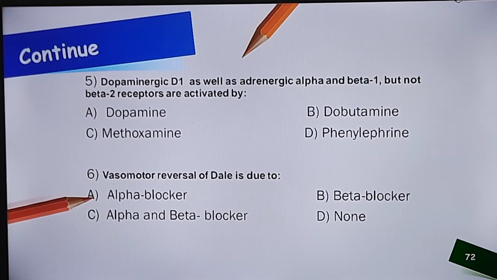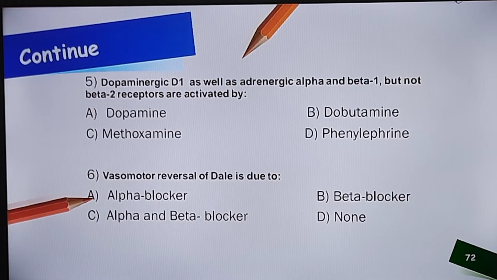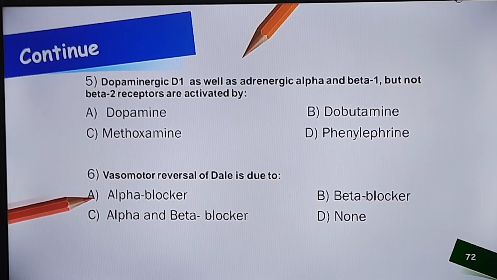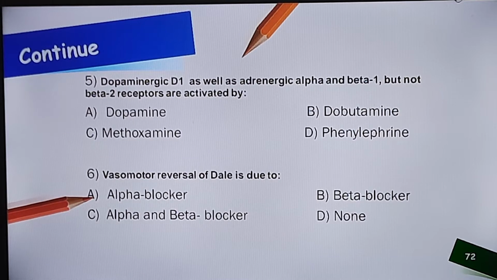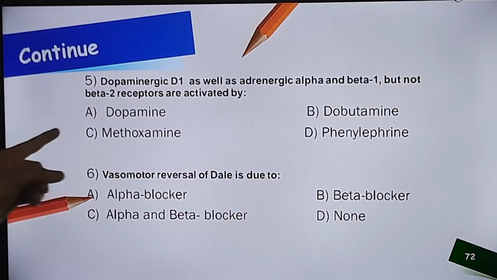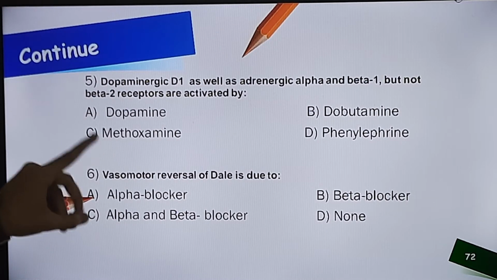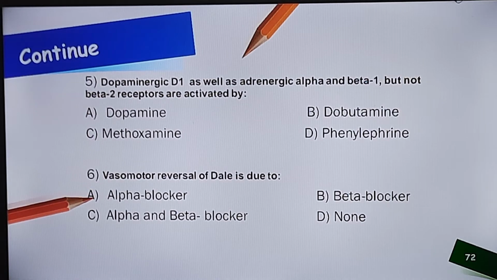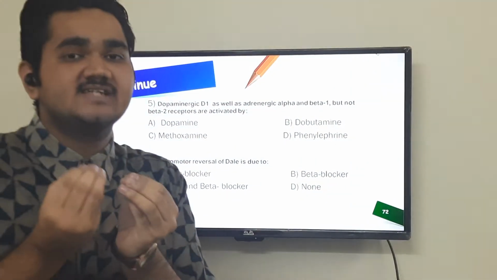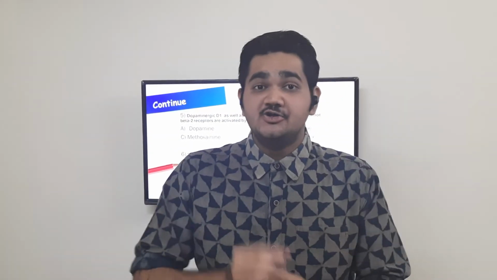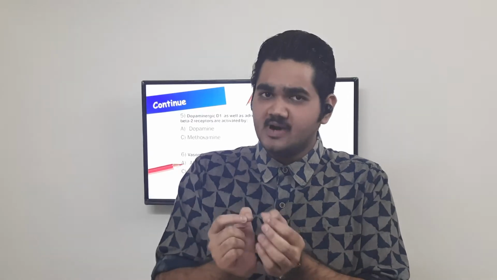Moving on to our next question. Dopaminergic D1 as well as adrenergic alpha and beta 1 but not beta 2 receptors are activated by. Our options are dopamine, dobutamine, methoxamine and phenylephrine. Now when we studied dopamine, we mainly focused on the dose dependent phenomenon of dopamine.